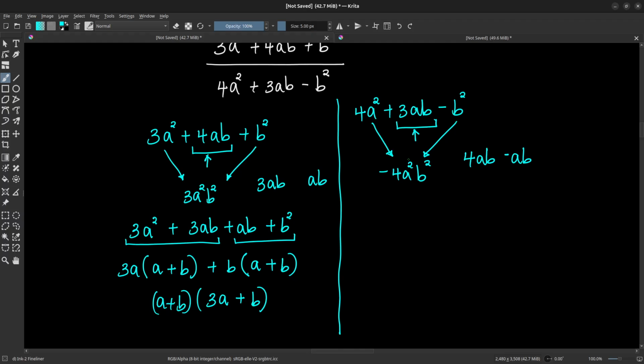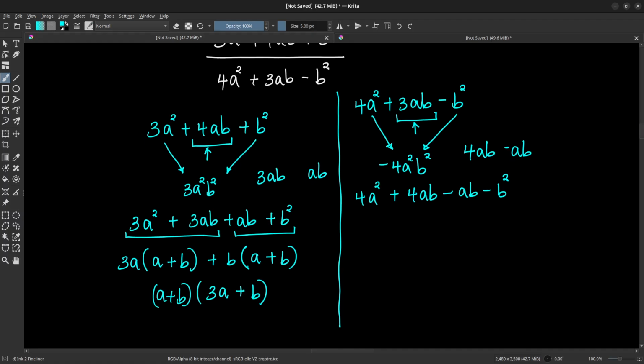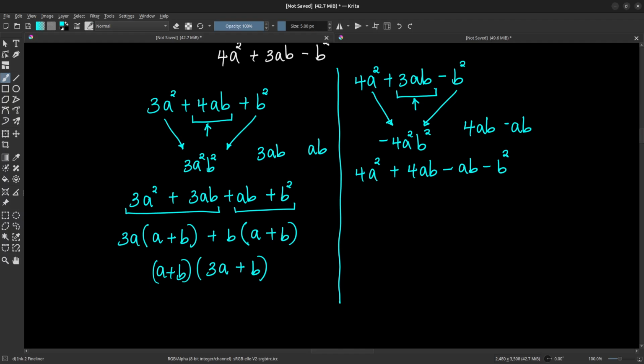So now our middle term is rewritten as 4ab minus ab, and then on the right we still have minus b squared, and to the left we still have the 4a squared. Now at this point again, we take these terms in pairs.